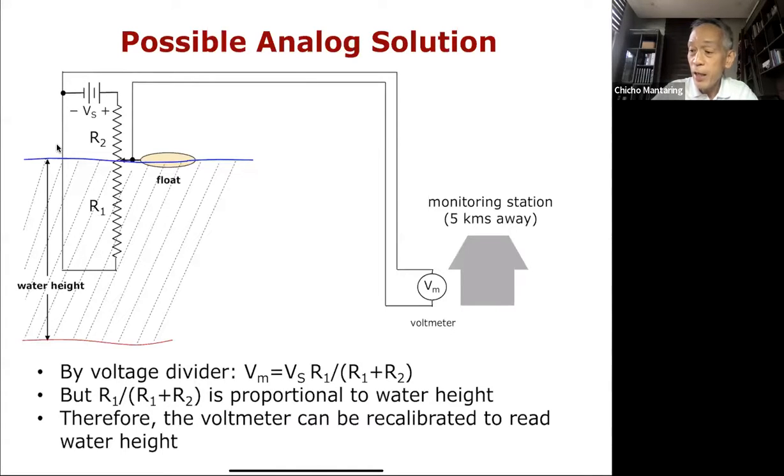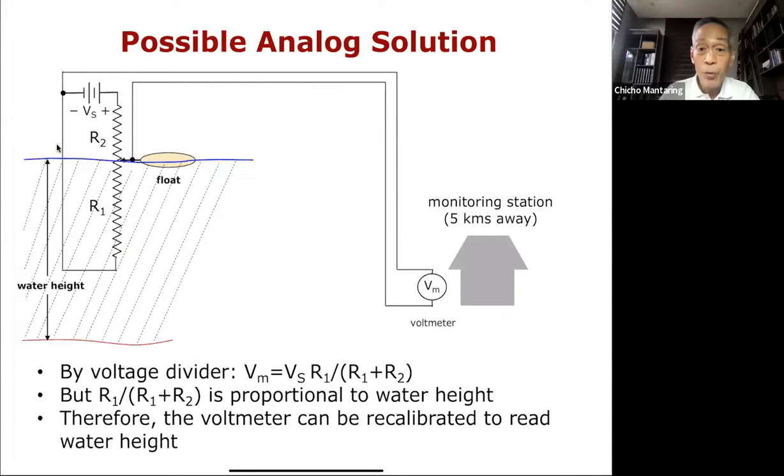So if I connect this float to this contact, the contact will move with the water height. So kung mababa yung tubig, bababa yung contact na yan dito. Kung mataas yung tubig, aakyat yung contact na yan dito.